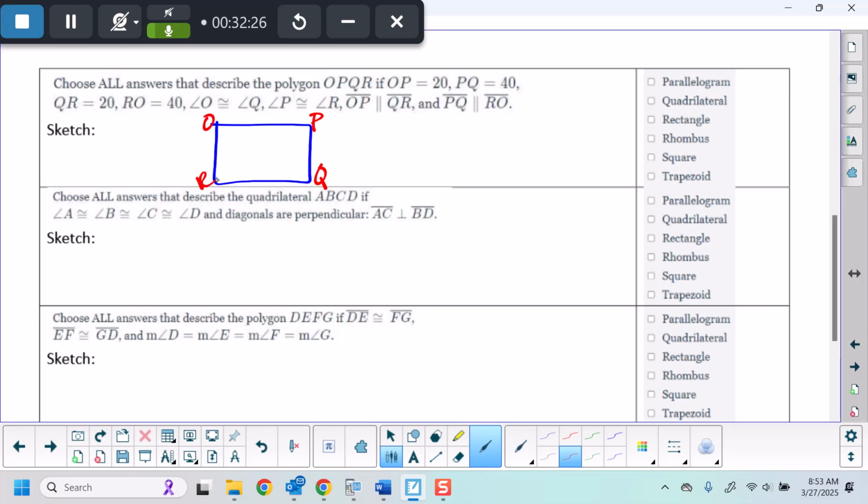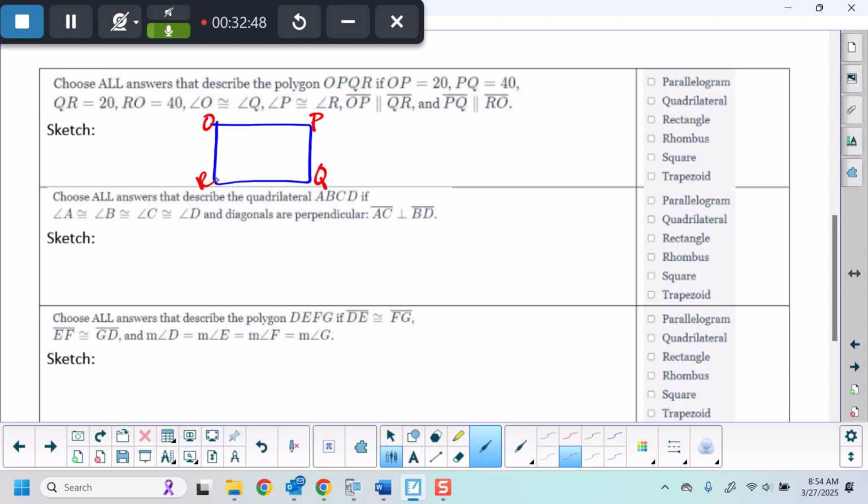A reminder, when we name polygons, it's consecutive order. It's ring around the rosy. So make sure that you have OPQR named appropriately. You can start on any vertex and go in any order, but one of the biggest mistakes you'll make here is switching Q and R. So make sure you get that in the right order.